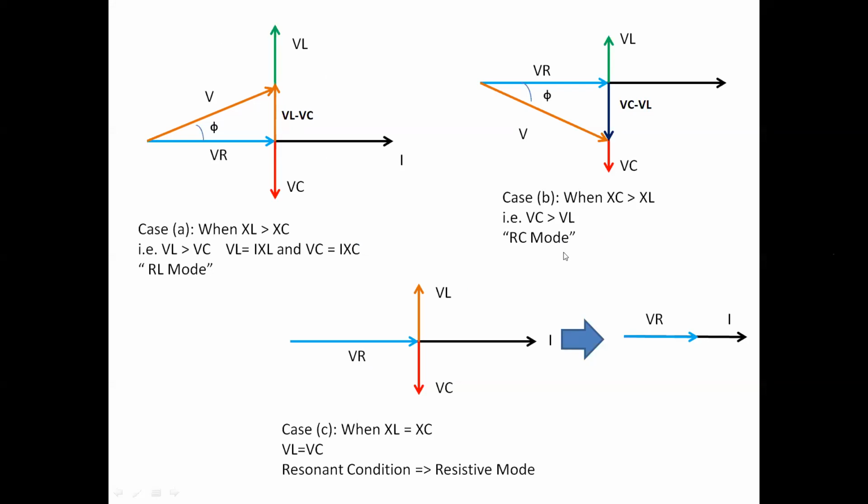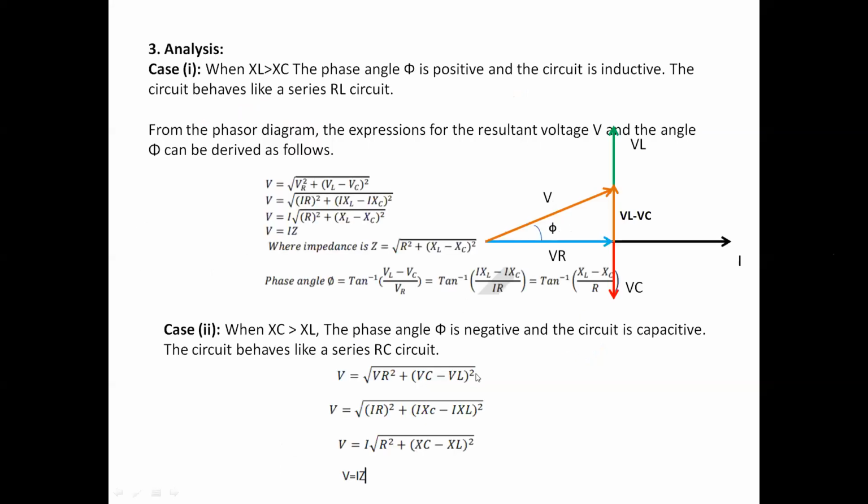And the angle between the voltage and current is taken as again phi. If you apply the Pythagoras theorem to find the value of the resultant, you will get the following relation.